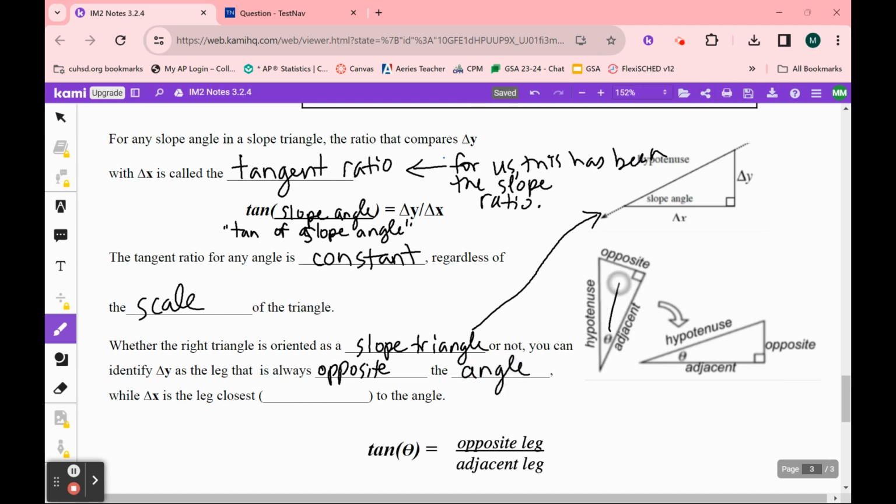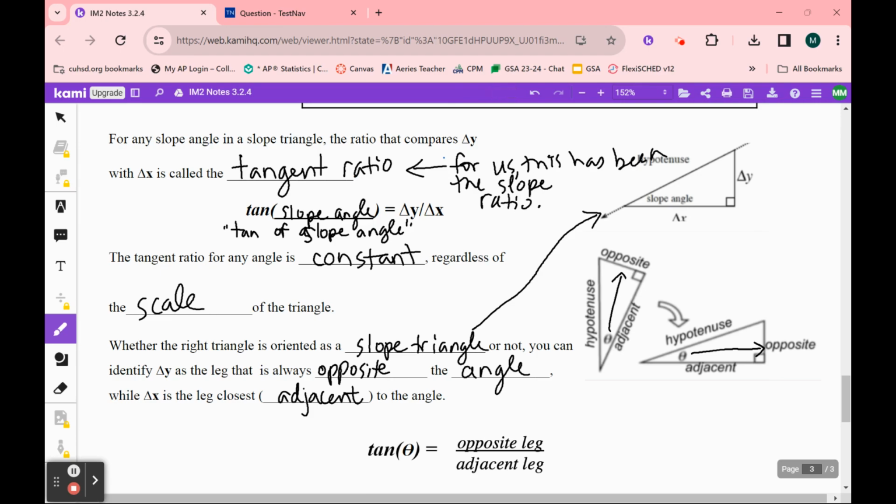And by opposite, we mean across from. And change in x is always going to be the leg closest. We say adjacent to the angle. So we have tan of theta is opposite over adjacent.